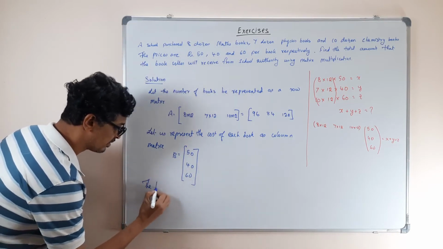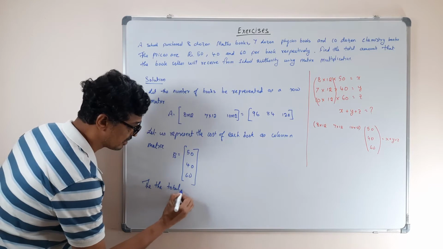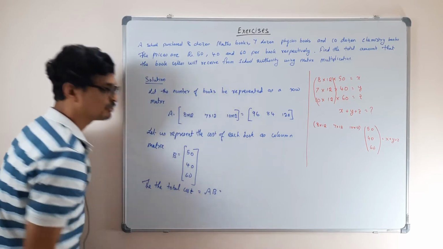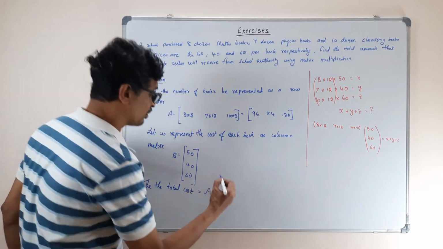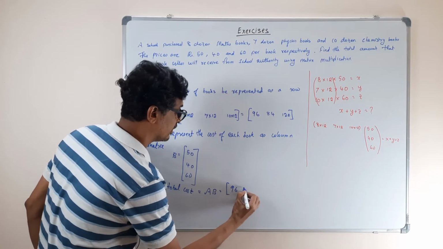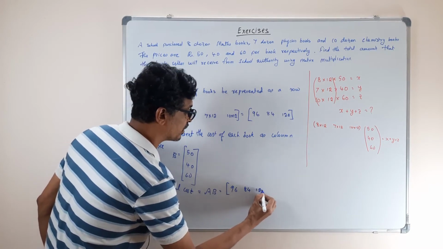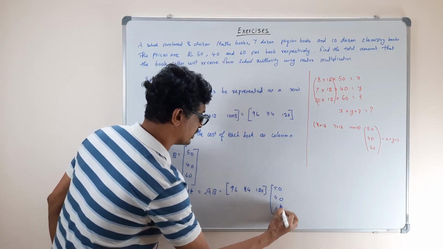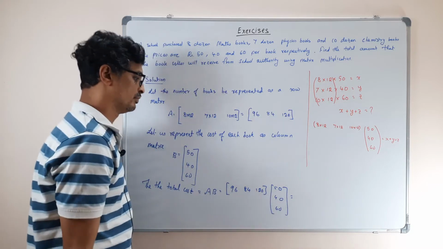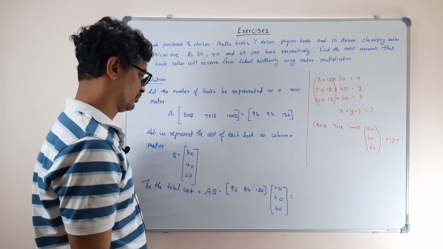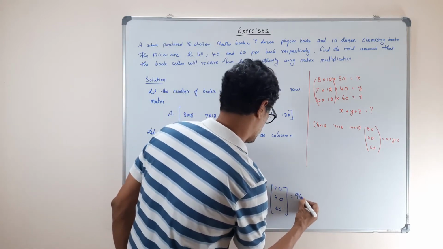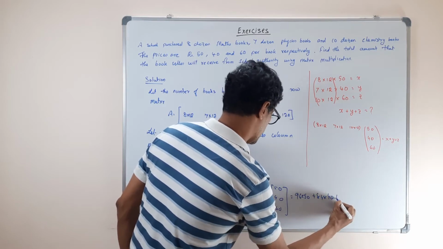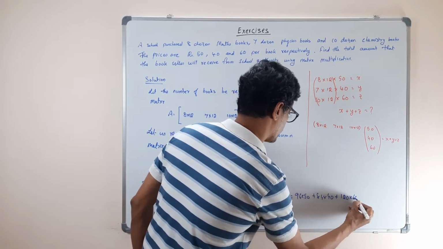Then the total cost will be equal to AB. Matrix multiplication. Answer done. So what it will be? Tell me. 96, 84, 120 multiplied by 50, 40, 60. Tell me what it is. 96 into 50 plus 84 into 40 plus 120 into 60. So this will be what?